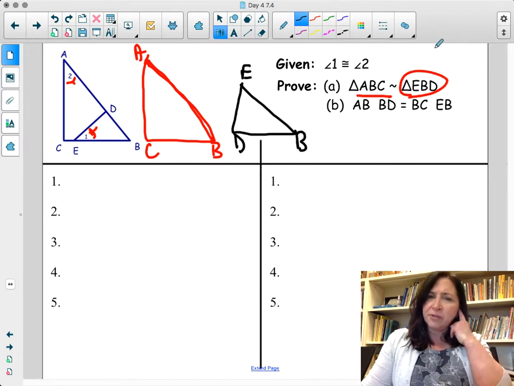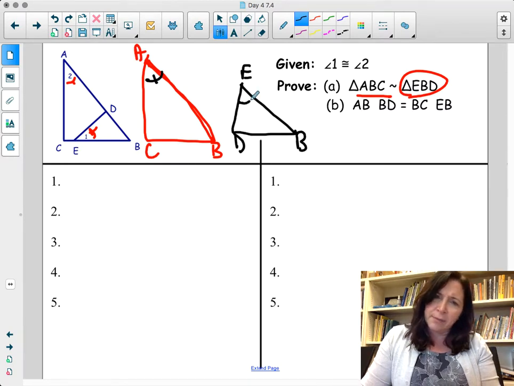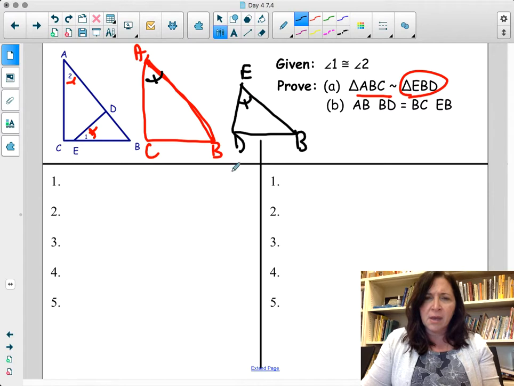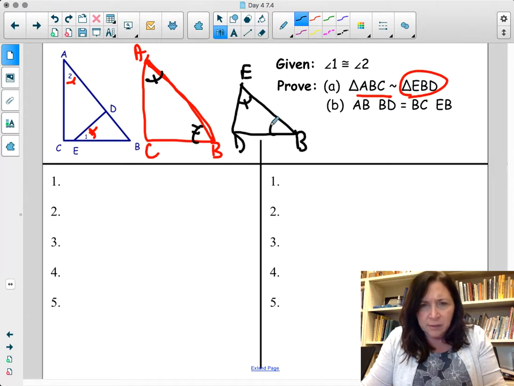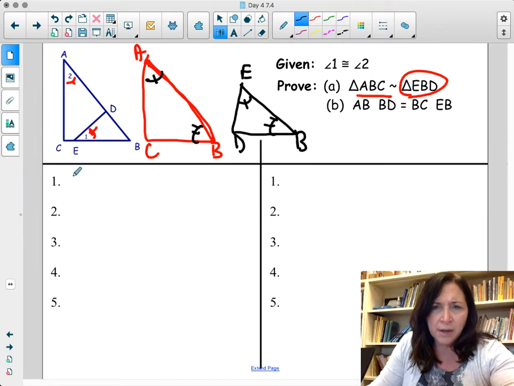A couple of things you should notice. Okay, A is 2, so here's 2. That's congruent to E angle, which is 1, okay? So those are congruent. You also know that B is the same angle in both triangles, so that's congruent to itself, all right? So given, number 1, you're going to say angle 1 is congruent to angle 2.